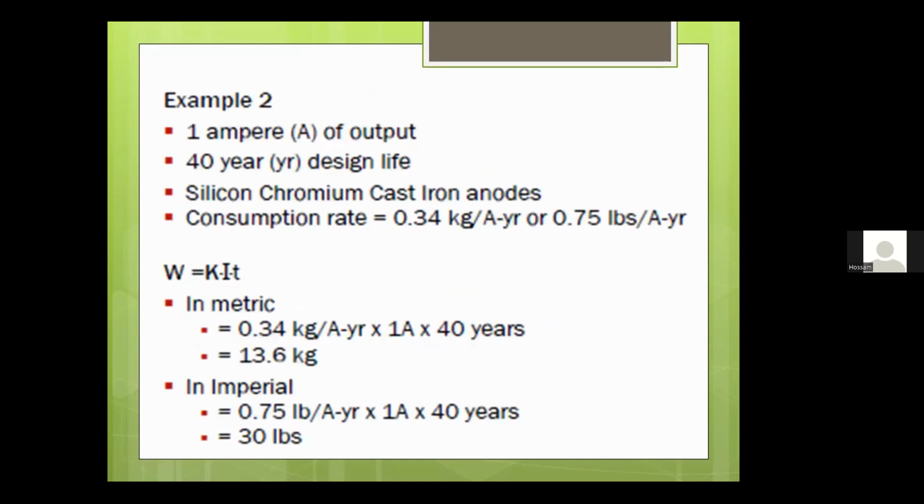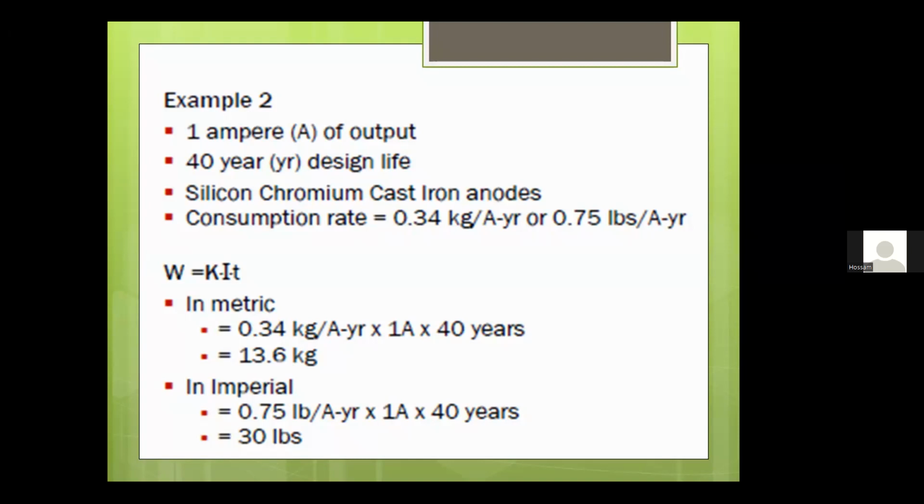An example: if we have a silicon chromium cast iron anode, which is designed to protect the structure for 40 years and has 1 ampere of current output, and we know that this type of anode has a consumption rate of 0.34 kilogram per ampere-year.